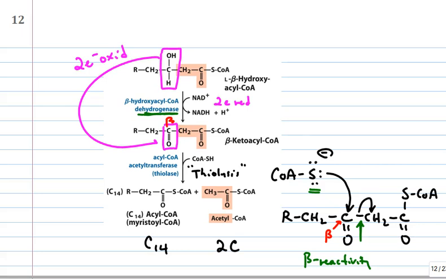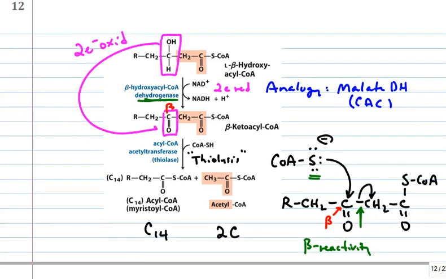Don't lose the big picture here, because there's some analogies as well. The analogy for this enzyme is malate dehydrogenase from the citric acid cycle. So if we go to the next page, this kind of gives us the big picture.